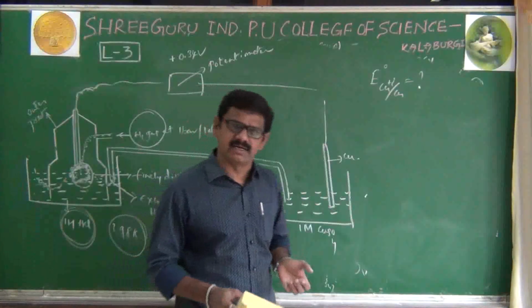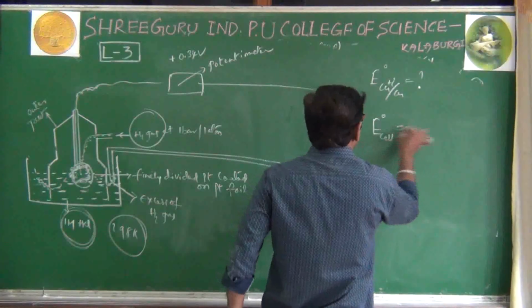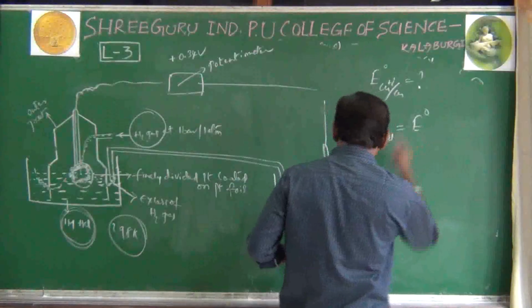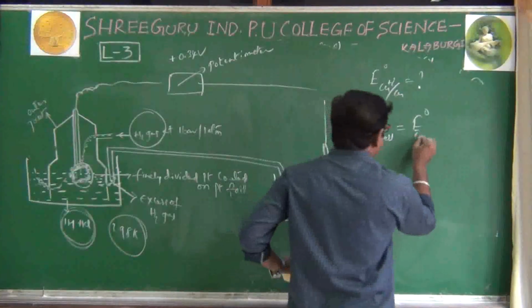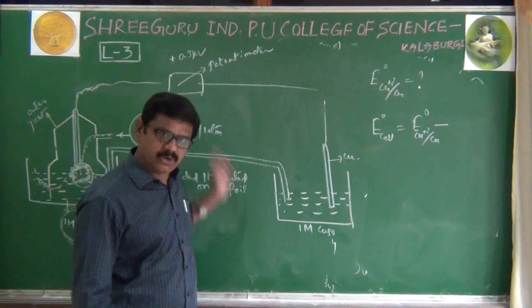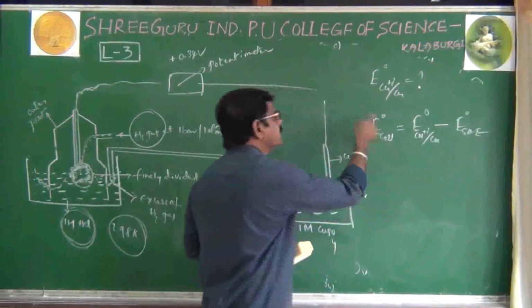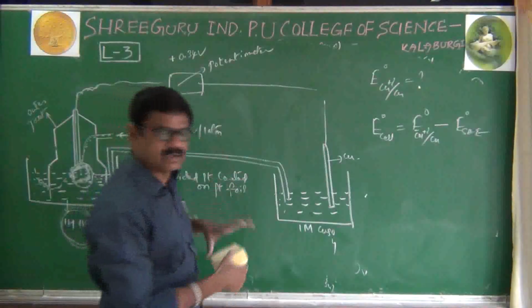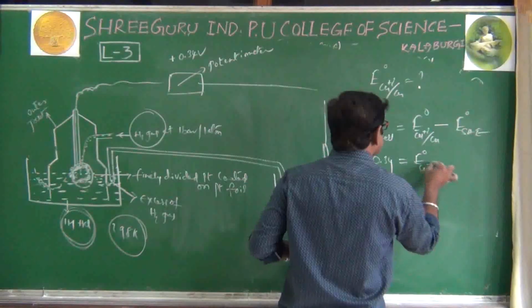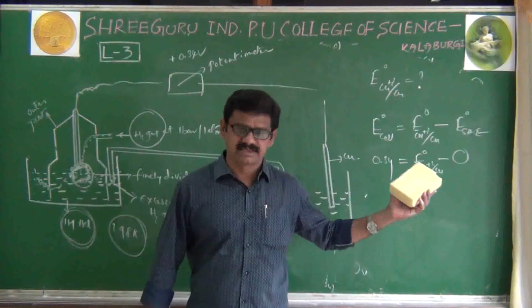We will use, as usual, our cell potential formula, that is E naught cell is equal to E naught cathode minus E naught anode. Cathode here is copper, Cu plus 2 oblique Cu, and anode is SHE. The E naught cell value, experimentally calculated, is 0.34, which equals E naught Cu plus 2 oblique Cu minus E naught SHE, and of course the SHE value is assumed as 0.